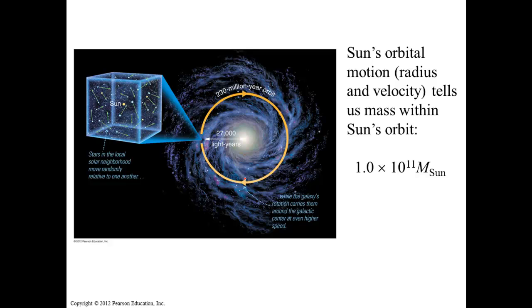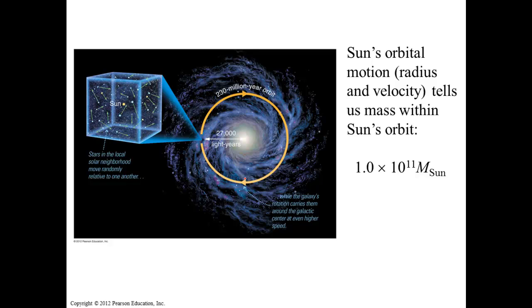Related to the orbit of the sun, we know that inside the orbit of the sun we have 1 times 10 to the 11th solar masses. Remember how scientific notation works: you would write 11 zeros. That's how many masses of the sun are in here.